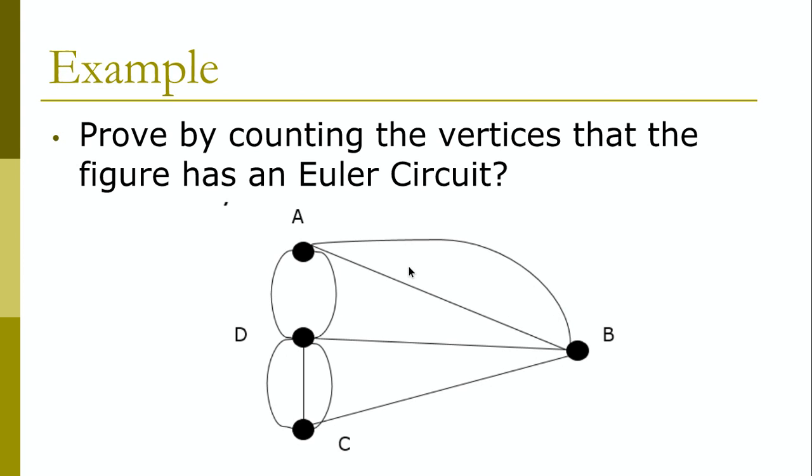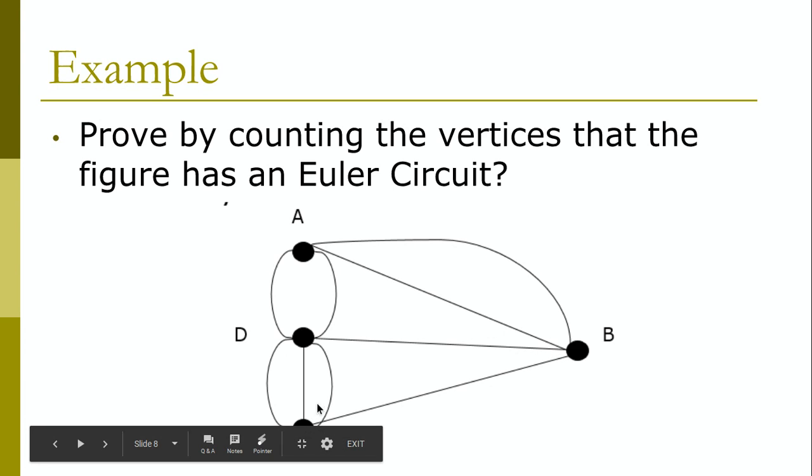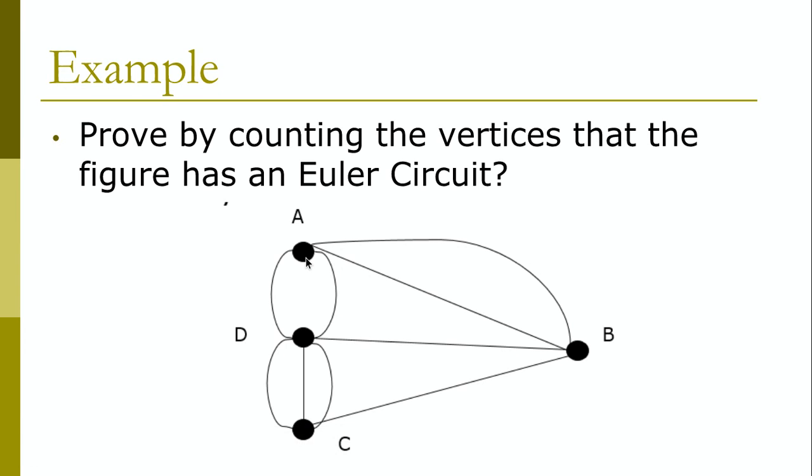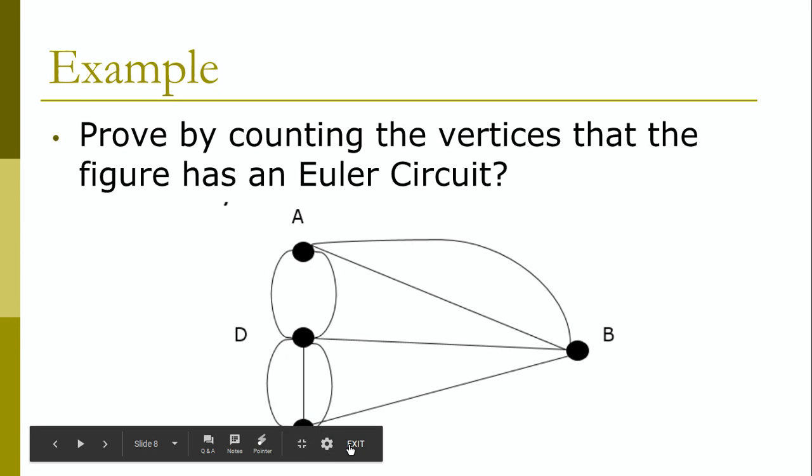You can repeat the vertices, but you cannot repeat the edges. And we could go through each of the edges once and only once and end right back up where we started. So I'll include in the next video how I expect you to document that, but this graph does have a Euler circuit, and we'll stop there for now.